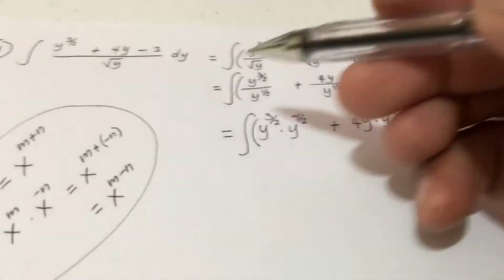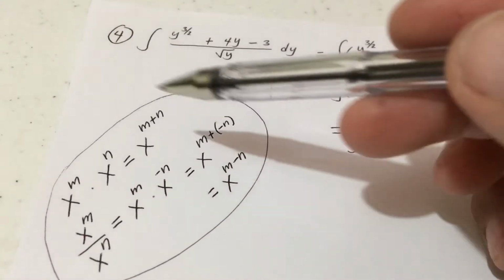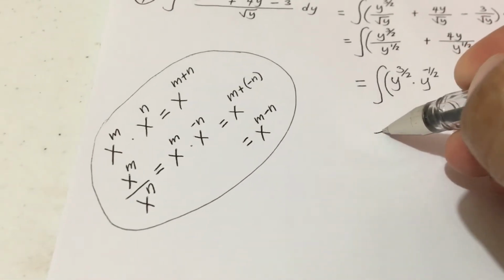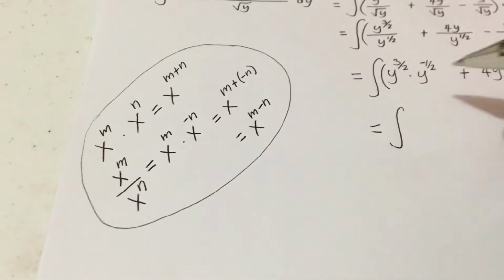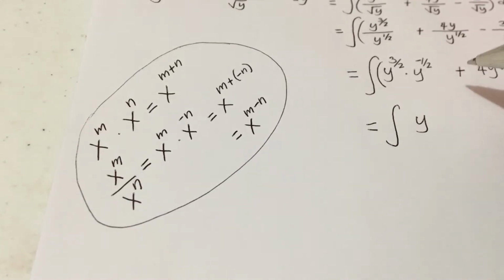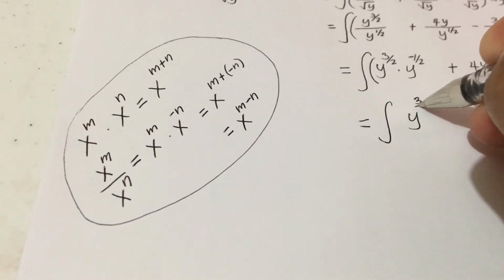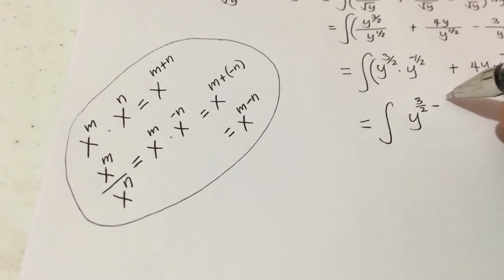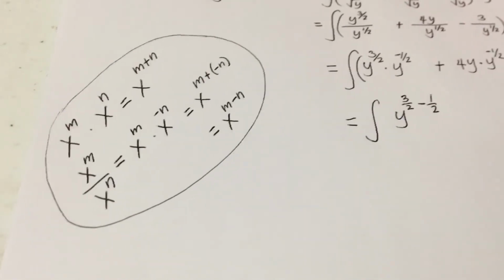So applying this concept, we can now rewrite this further as integral of y to the 3 halves, then minus 1/2.